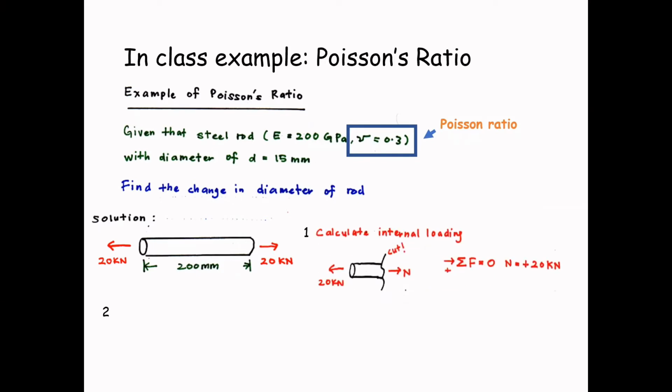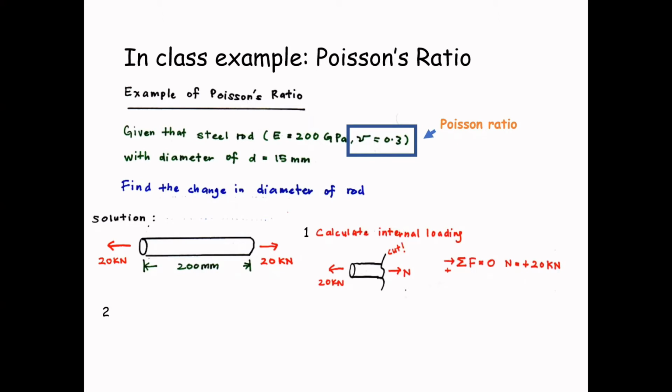Using an equilibrium equation, the only one applicable here is the sum of forces in the horizontal direction equals 0. The normal force is equal to plus 20 kilonewton, indicating that we are in tension.